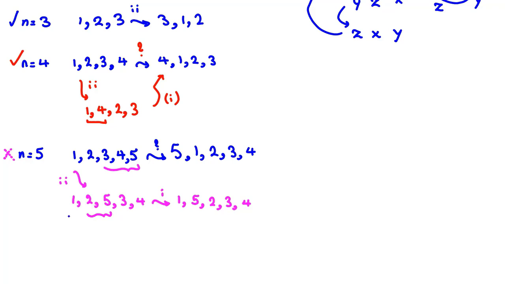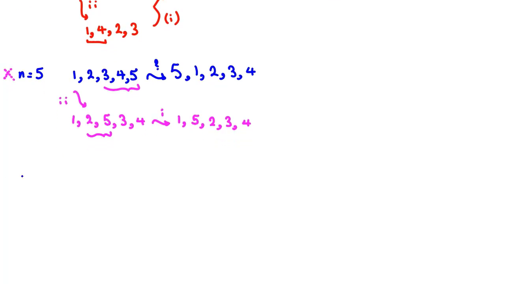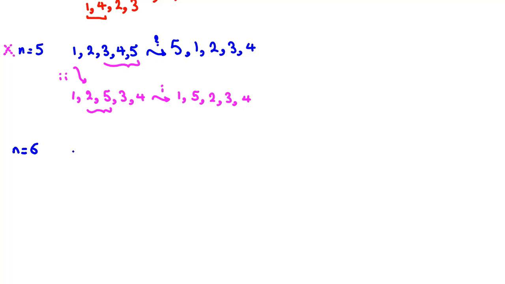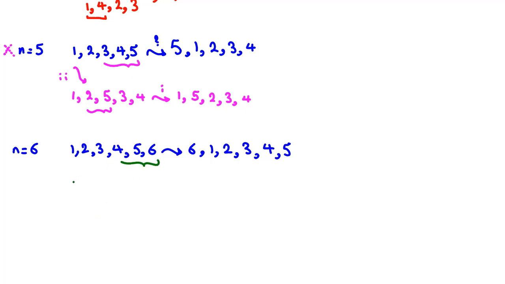So let's check N6. We want to reach from 1, 2, 3, 4, 5, 6 to 6, 1, 2, 3, 4, 5. For 6, the sum of 6 plus 5, 11, plus 4, 15. We apply the second rule. It will be 1, 2, 3, and 6, 4, 5.